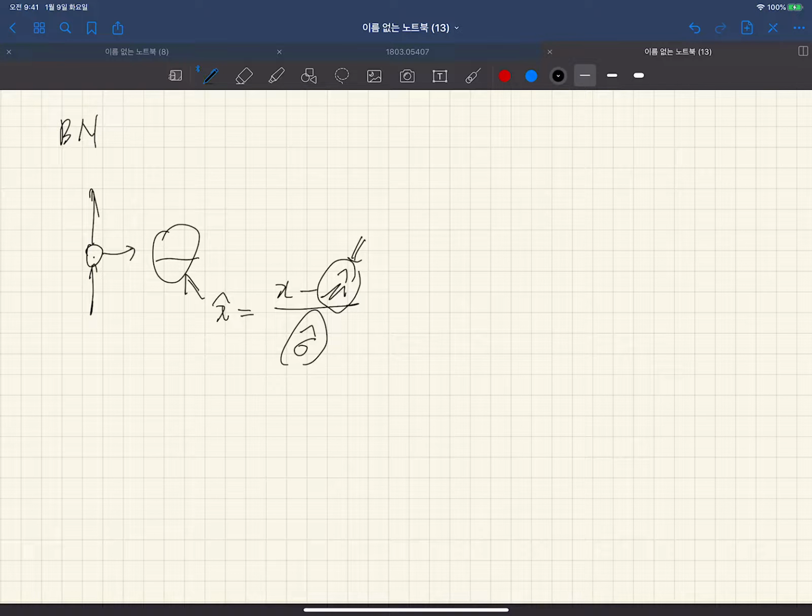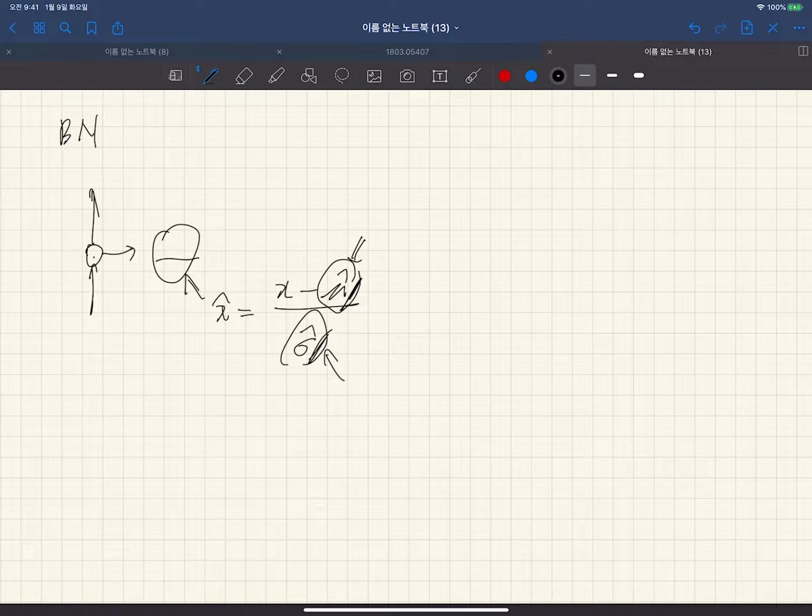Okay, so because you estimate mu hat and sigma hat from a mini batch, this value is far from what you really want to know. What you really want to know is the real mean and real variance of your entire data set.